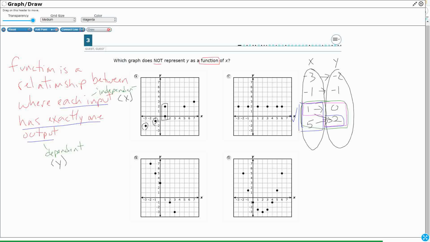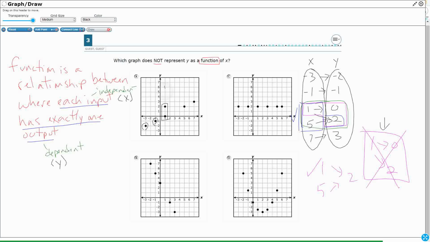So that's where the issue is. I can have 1 and 5 both go to 2. That's fine. But what I can't have is 1 go to 0 and then 1 go to 2. This is not okay. And if we wanted to finish that one, we could have a 7 maps to a 3. So A is a problem simply because of this right here.